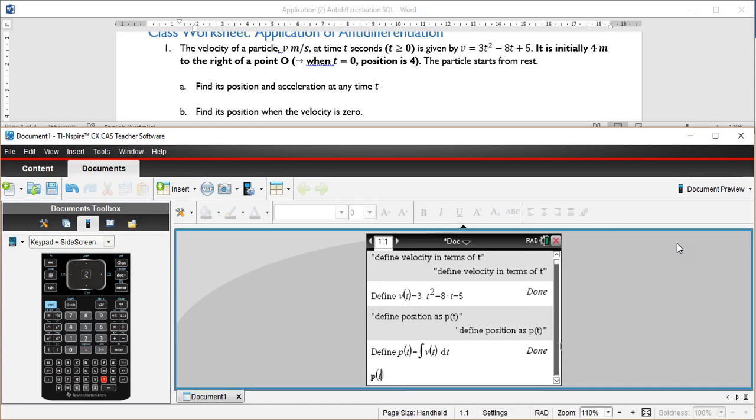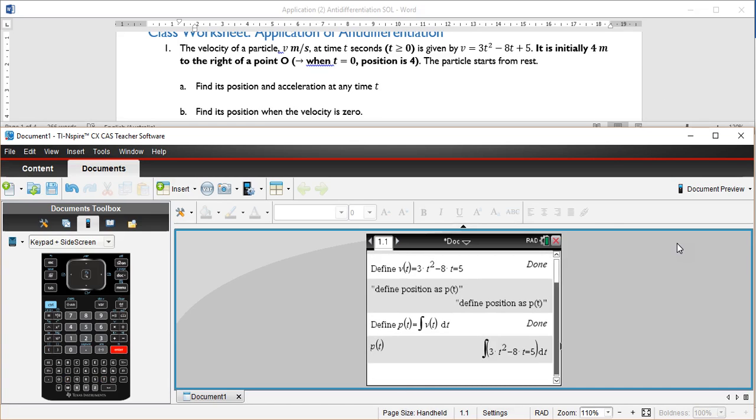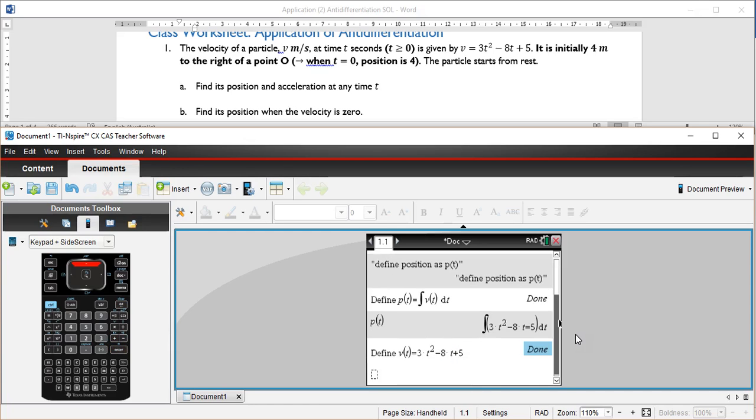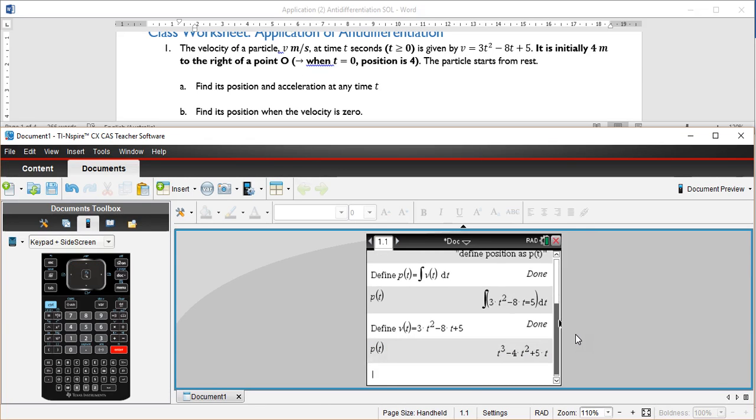If I'm writing p of t now, what's going on? Okay, so see there is a mistake here because I have defined v of t incorrectly. This is a very easy thing to fix. It's supposed to say plus, actually. Because I still defined my p correctly, so now I have p of t.